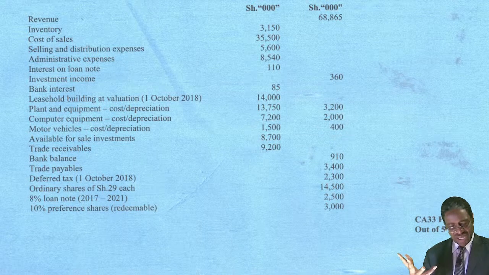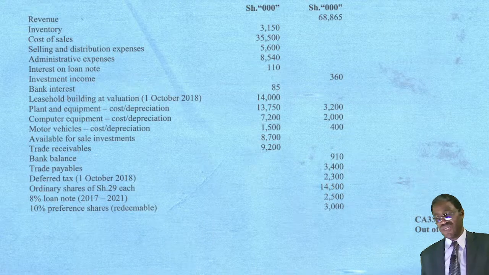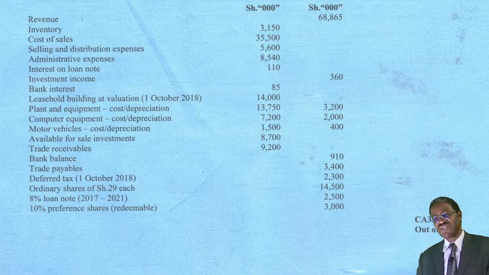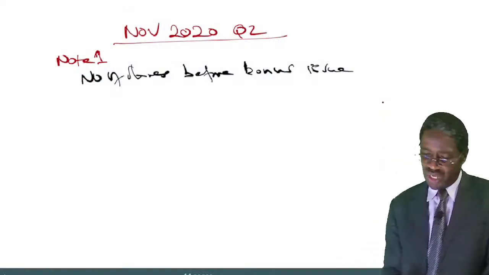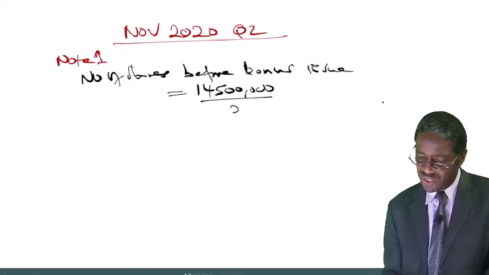Our figures are in thousands, so that must be 14,500,000. One share is of 29 par value. Good. So you can even say this, 14.5 million, we divide that by 29.